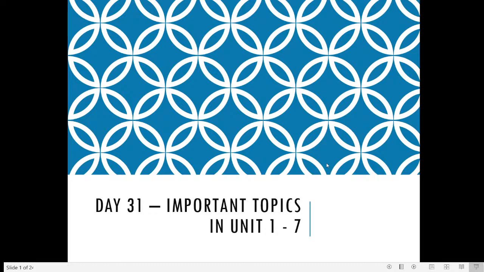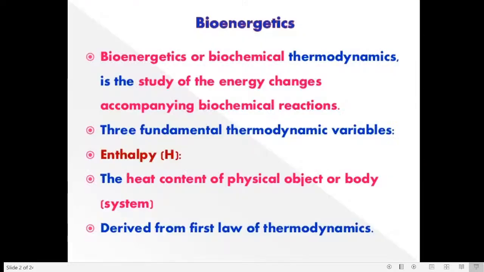Okay, we will enter this session. In unit 1, that is the energy and metabolism related pathway. In that, bioenergetics is a very important topic, because in bioenergetics we have covered many pathways, like the oxidative pathway. The oxidative phosphorylation and coupled reactions we discussed in a short manner, but in this topic, very important things are there: biochemical thermodynamics.